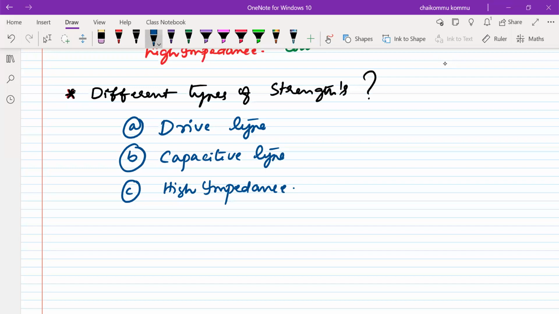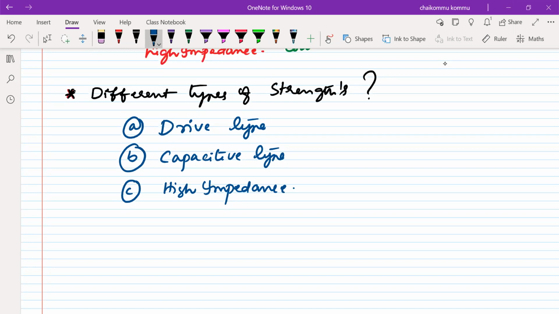That net must be a drive type net, and when it is a drive type net, it has to take the strength of the drive type only. So if it is a drive type net, we assign a drive type strength.